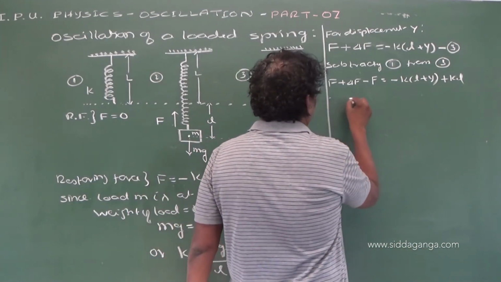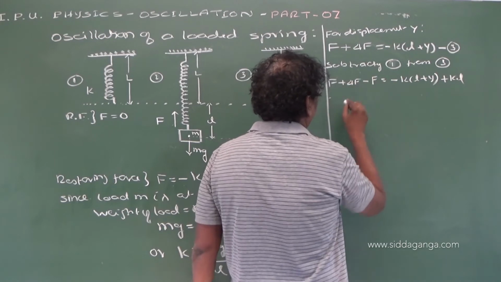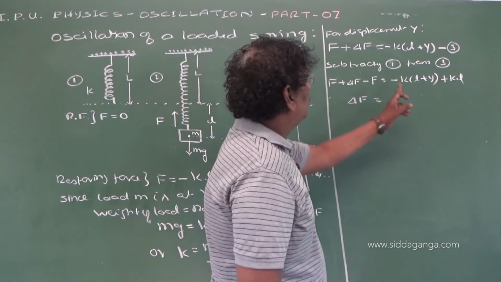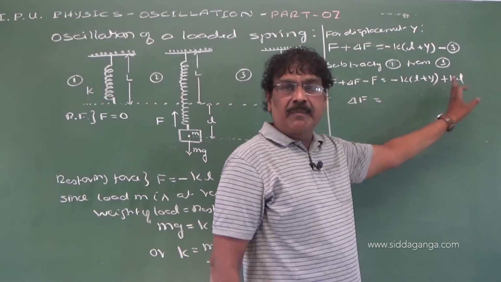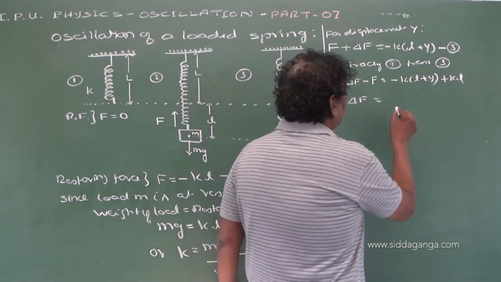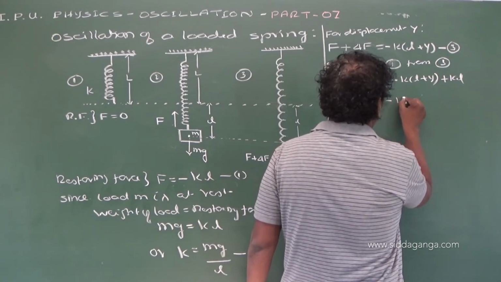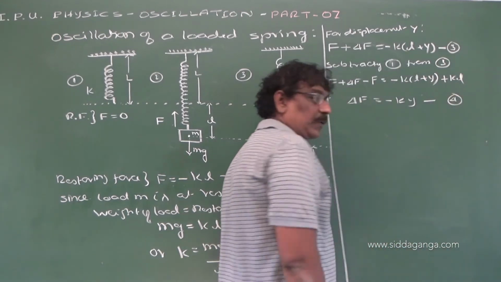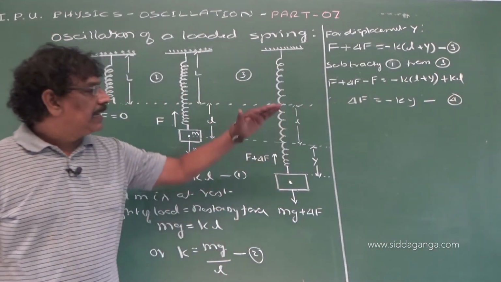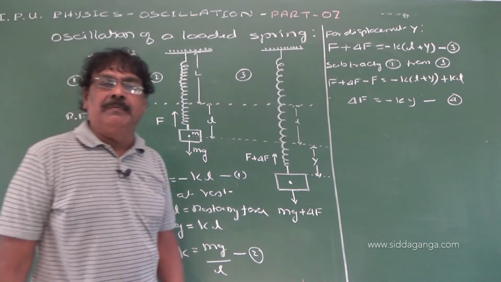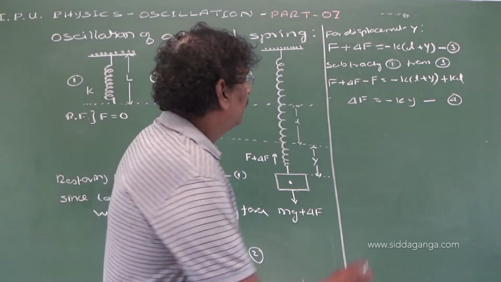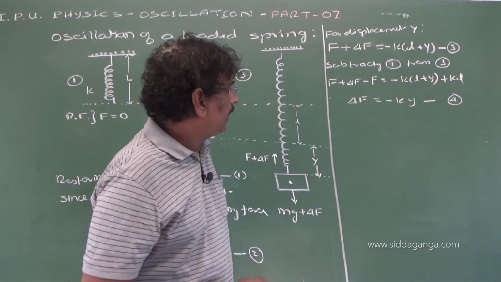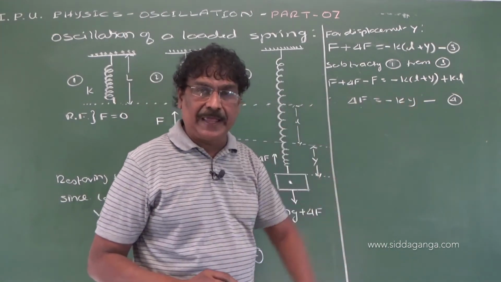Therefore F and F get cancelled, and we get delta F is equal to, minus KL plus KL get cancelled. Now we are left with minus K into Y, that I will take as equation number 4. Delta F is equal to minus K into Y.